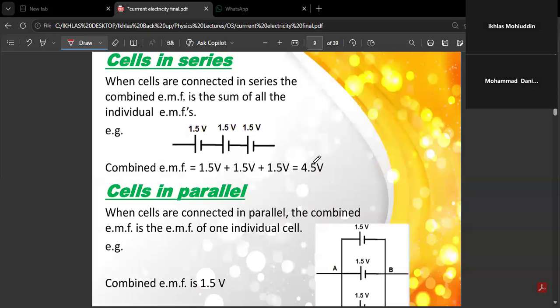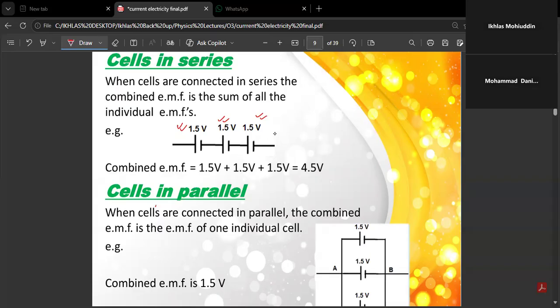So when we want to connect cells of EMF 1.5 volts, for example, I have three cells of 1.5 volts, and all these three cells are connected in series. How do we get to know that these cells are connected in series? Because they are connected on a single line, right?